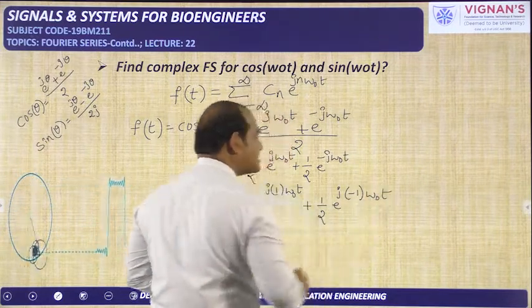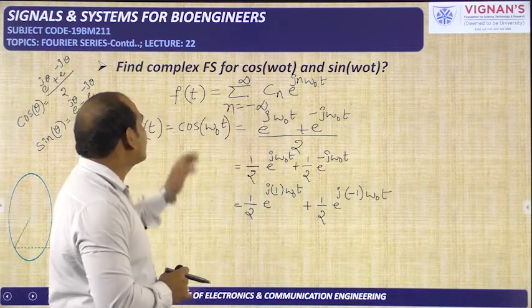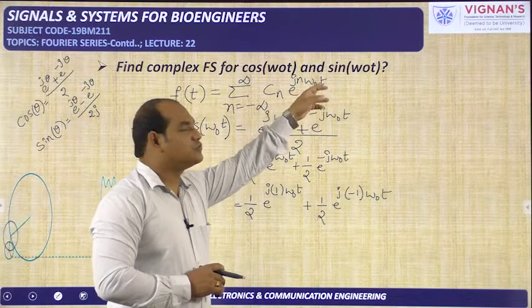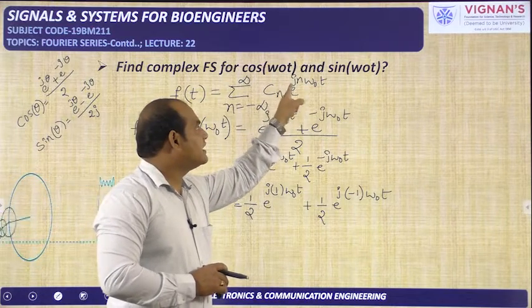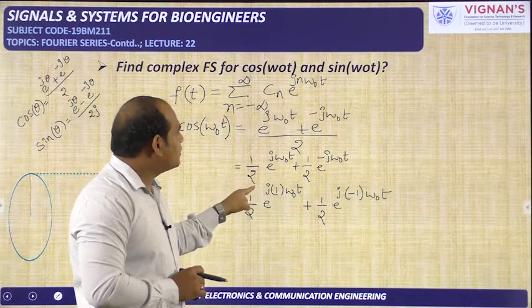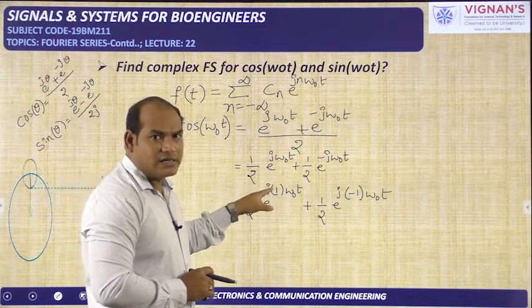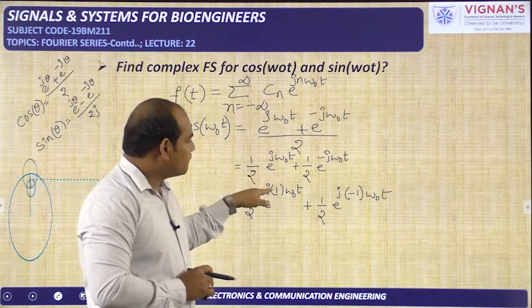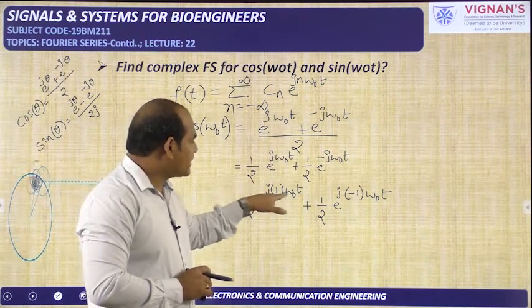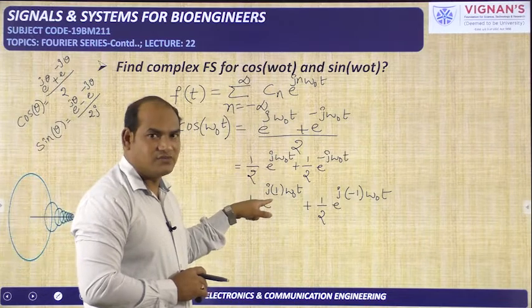Why should I write like this? If you observe the exponential Fourier series, e power j n omega naught t is there. In the power, j is available and n is here 1. Without changing the value we need to write the value of n. If you take n is equal to 1, j omega naught t stays the same.